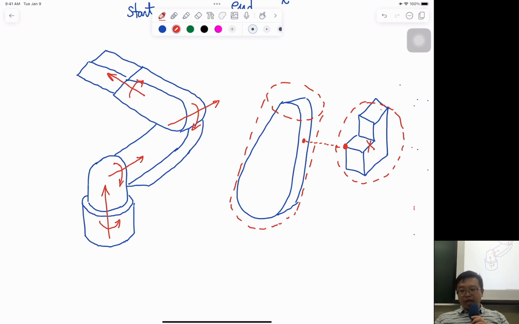As you can see, when I do this, I try to find a simpler geometry so later on it's easier for me to calculate the shortest distance between a ball and a cylinder.